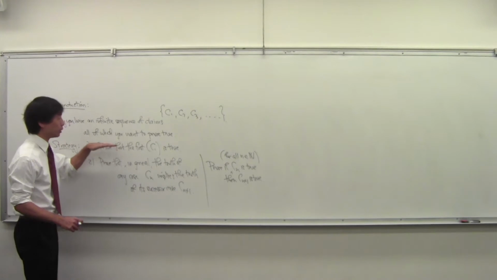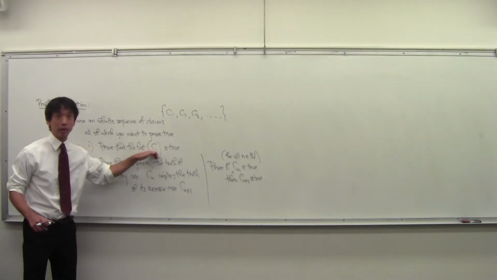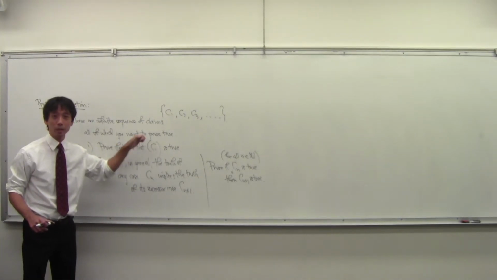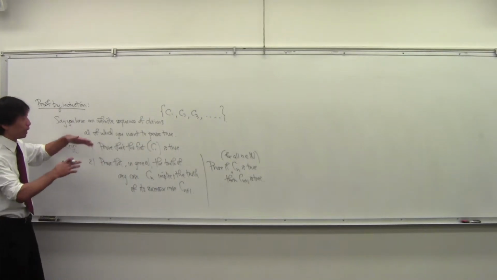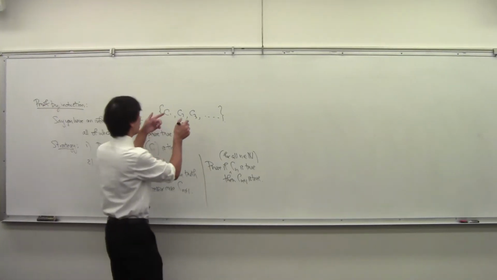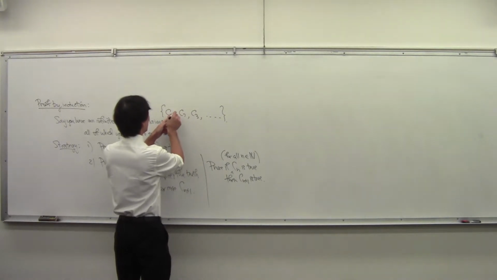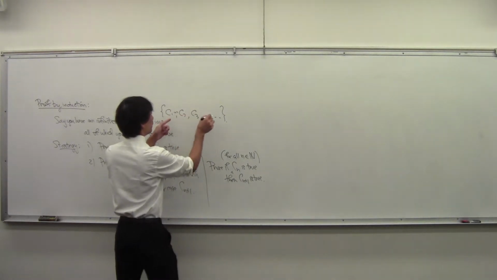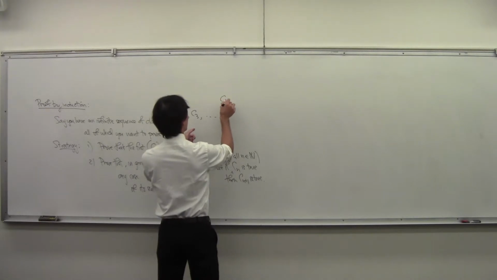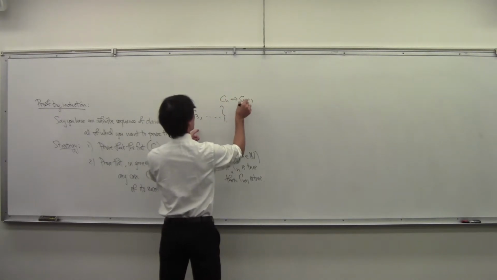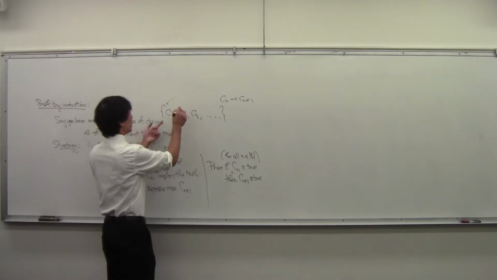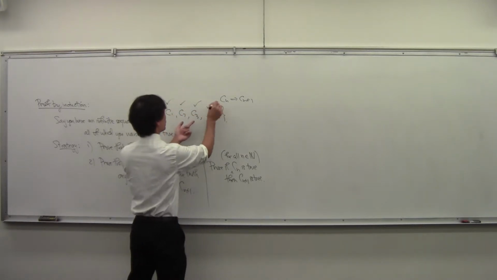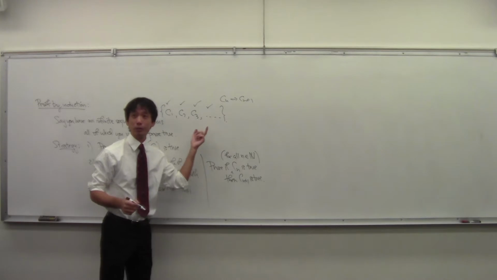So you prove this one concrete fact, one concrete case, the first one. And then you prove this general fact about all the things, that if this guy is true, then the next guy is true. And this guy being true means that the next guy is true, which means that the next guy is true, and so on and so forth.